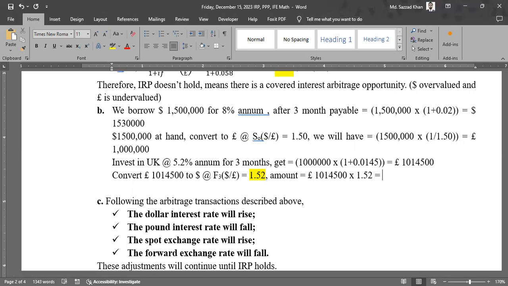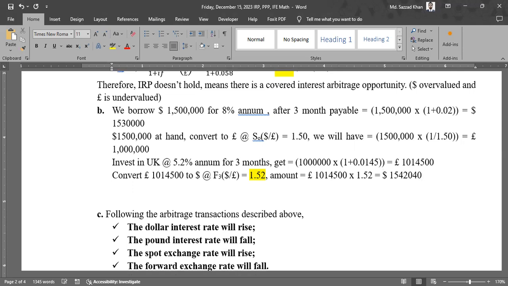How much do we get at 1.52? That will be in dollars, 1,542,040. Okay, this is the amount I'll be having in my hand after 3 months. So I need to pay back. How much? 1,531,212.